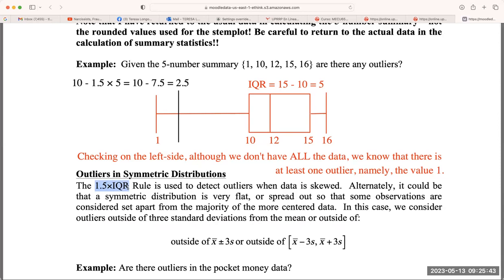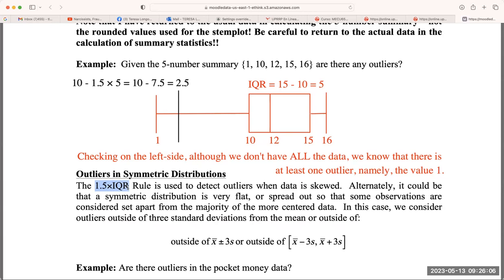So when might you have outliers? When you have a very flat distribution and things are very spread out, you could still have outliers, data points very far from the rest. And yes, Marla is right. You do not use the 1.5 times IQR rule.